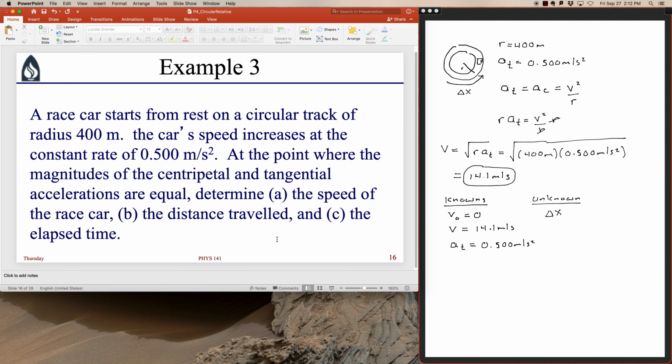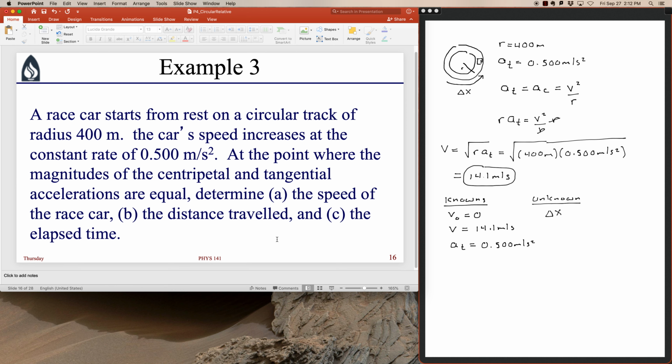All right, so I have my list of knowns and my unknown. So then I should take a look at my constant acceleration equations and find one that will allow me to find delta x given my initial and final velocity and the acceleration that's causing the speeding up.